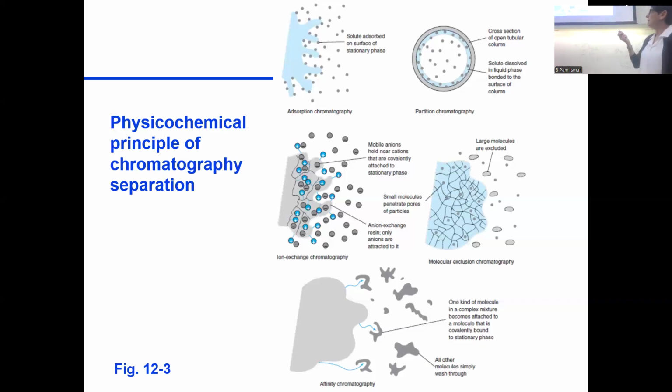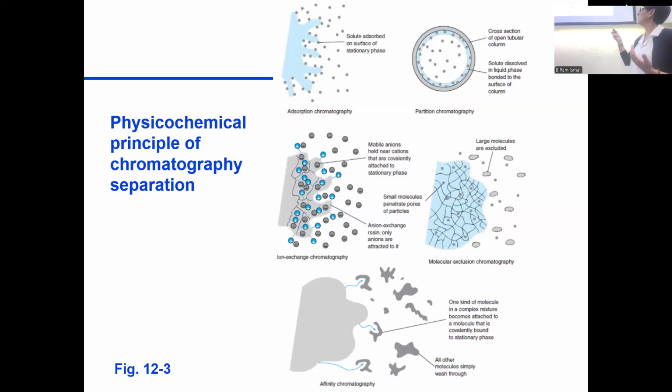Chemical is where you could have specific chemical interaction with a stationary phase that is solid. So either ionic interaction, that's still adsorption chromatography, or hydrogen bonding, or hydrophobic interaction with a solid phase. Or partition chromatography, which we already talked about.